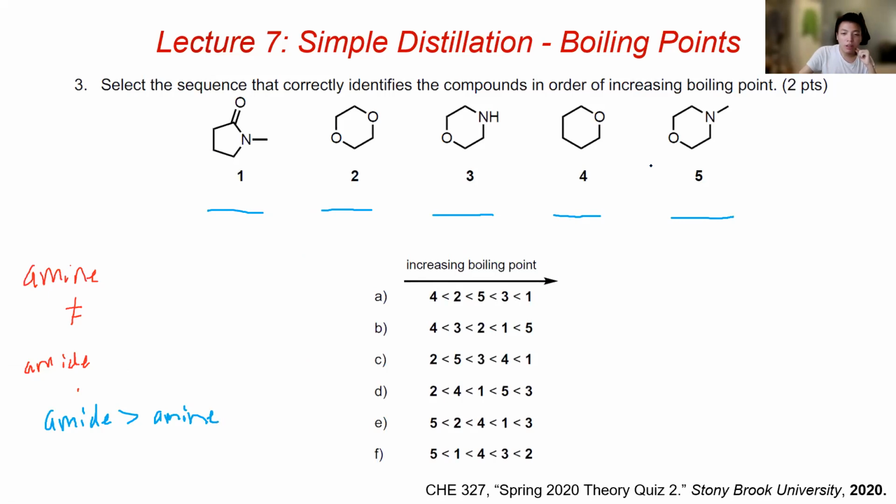Can anyone tell me what's the lowest boiling point compound? Yep, it's 4. So we can cross this out because they don't have 4. And now we just have to determine which one is the highest, 1 or 5.